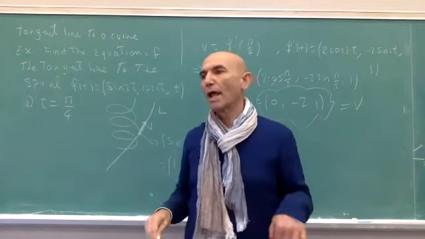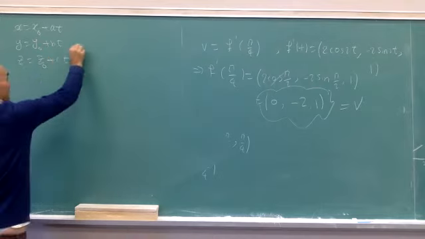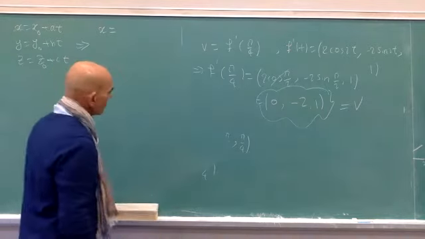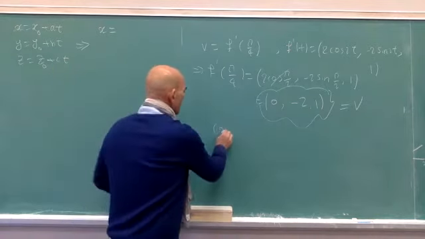So let me write it down: x equal to x0 plus at, y equal to y0 plus bt, z equal to z0 plus ct. What are x0, y0, z0?